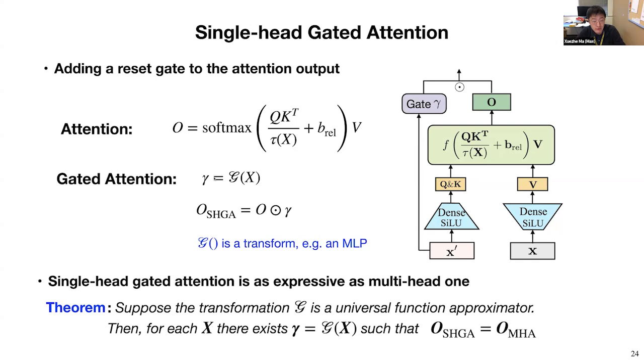Suppose we have a gate function gamma, for example, we can use an MLP to model the gate function from the input X. Once we have the single head attention output O, we directly apply the gate on top of O. Then we get the output of single head gated attention. Our theorem tells us that if gamma is a universal approximator, then the single head gated attention is as powerful as any multi-head attention.